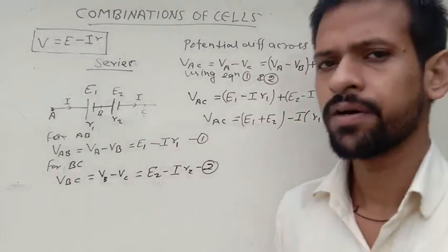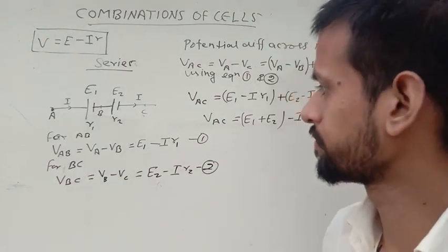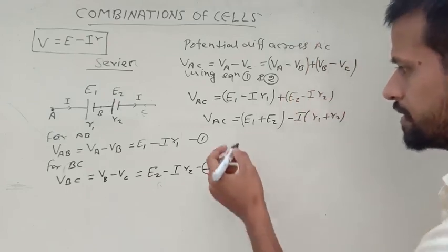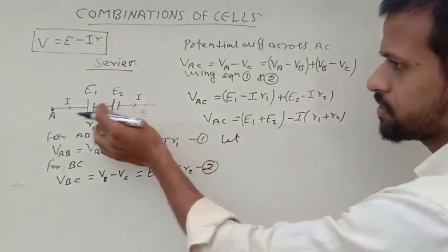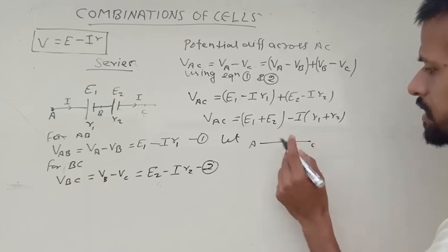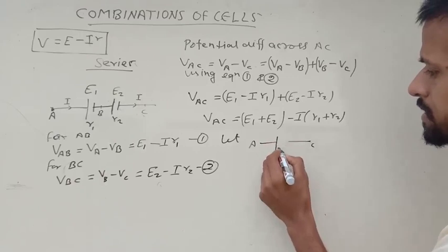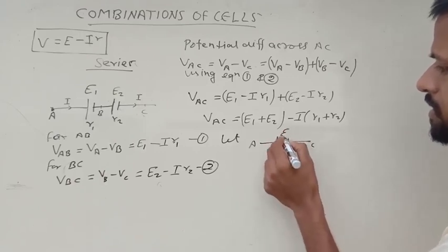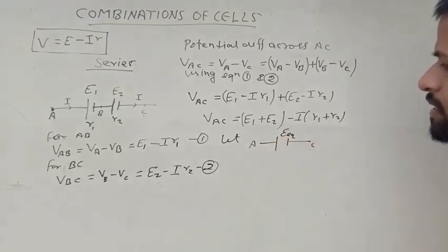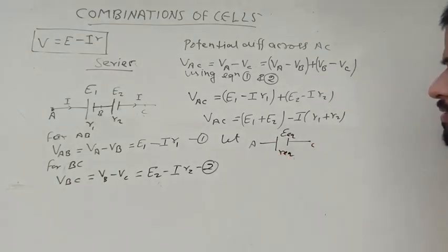Now for the equivalent internal resistance, let there be a single cell between the two terminals A and C having an equivalent EMF and equivalent resistance.